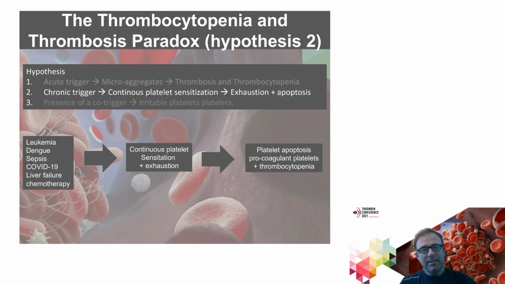But there are also many diseases in which the development of the thrombocytopenia is a lot more chronic, and also the thrombosis is unpredictable and in a later stage. So then it's not likely that the thrombocytopenia is a consequence of microaggregates, and it's also not likely that the thrombosis is an acute trigger.